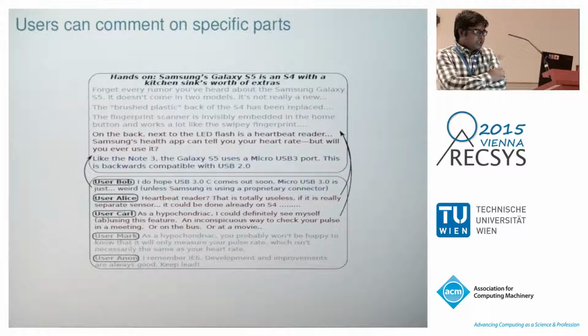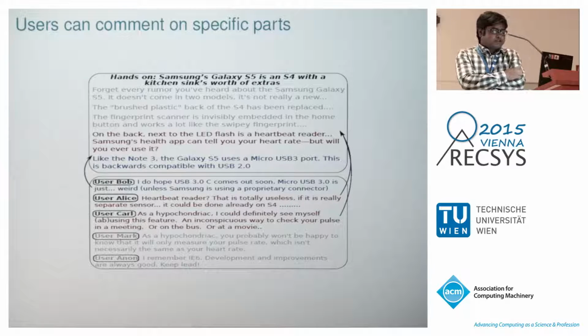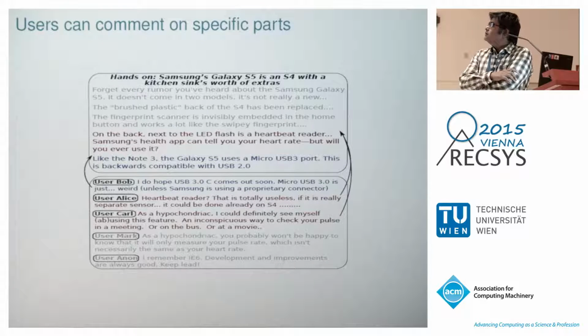For example, here, user Bob has commented only on the USB port of the mobile phone, and user Alice has commented on some other part. There are other users who have commented on the article in general, and some who have commented on totally irrelevant things, maybe like spam.